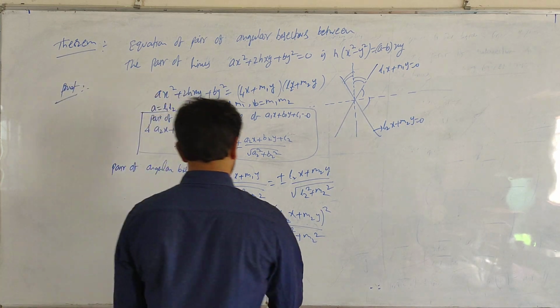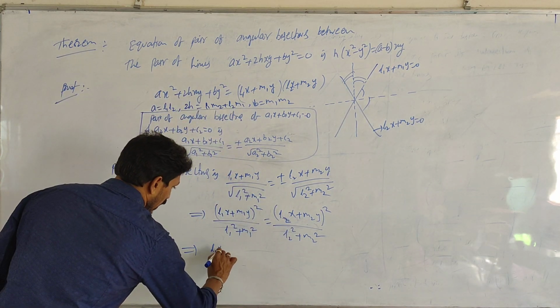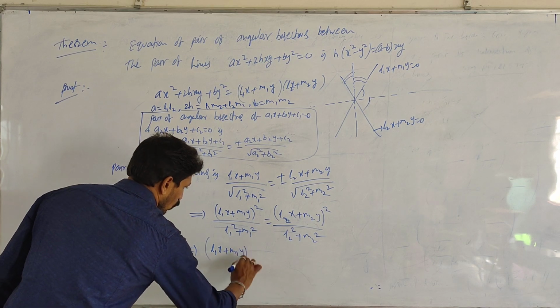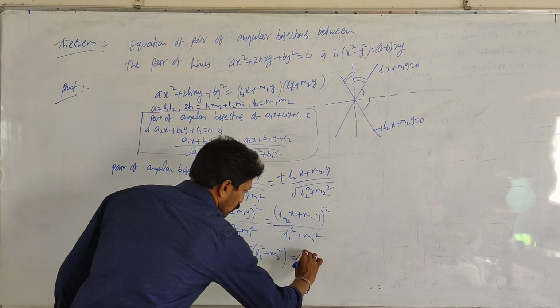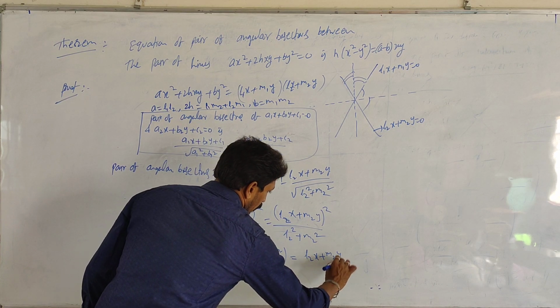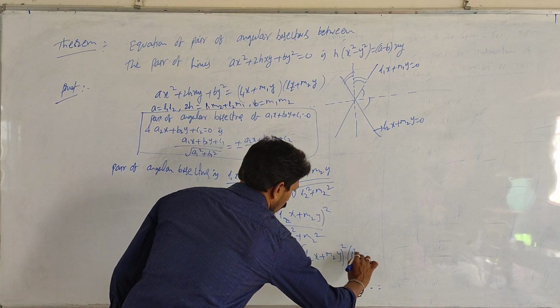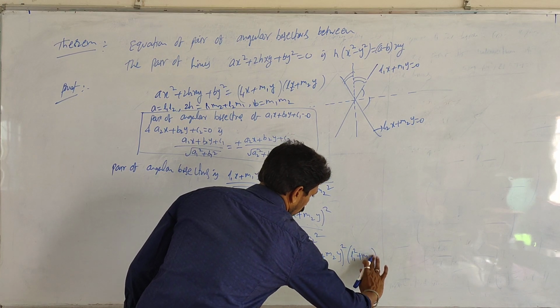Now you cross multiply it. What you have? l1x plus m1y whole square into l2 square plus m2 square is equal to l2x plus m2y whole square into l1 square plus m1 square.